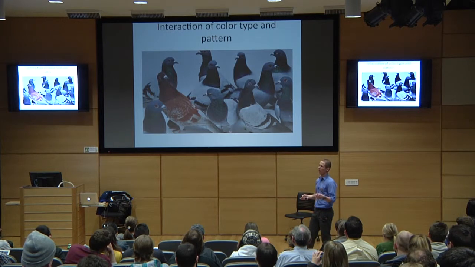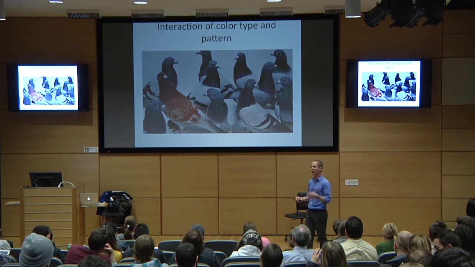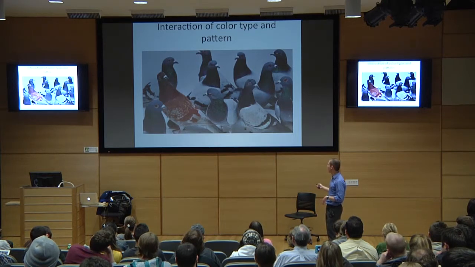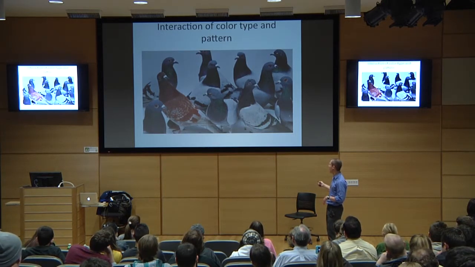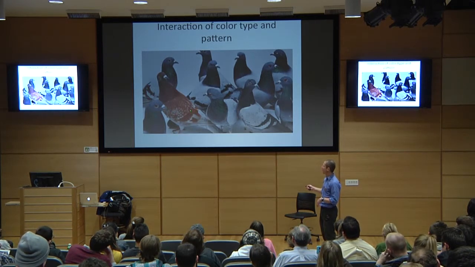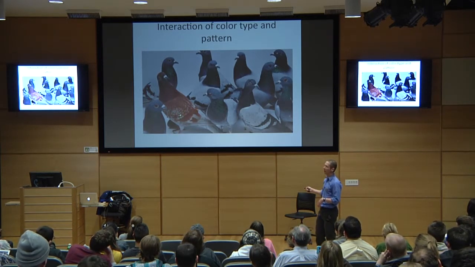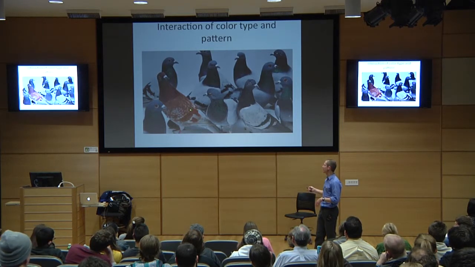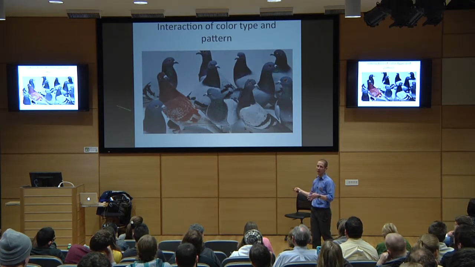Also, we want to start to understand how color type and color pattern can interact. So here we have an example of birds that have the blue color, and they have the bar pattern on their wings. Here's a bird with the ash red color and what's called a check pattern on its wings. And we know from classical studies that this pattern is controlled by a different mutation than what's controlling the color.